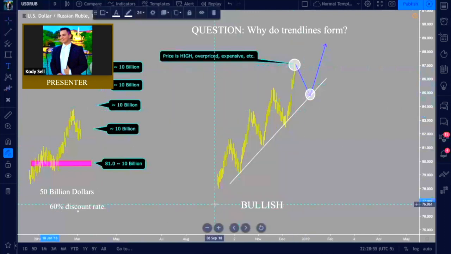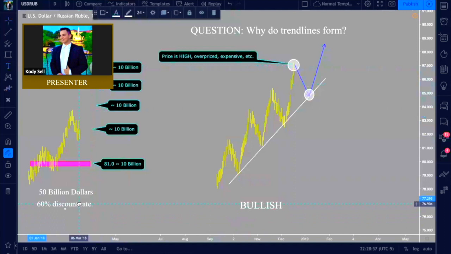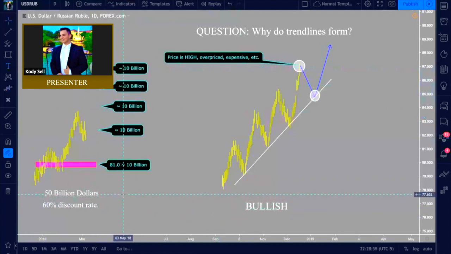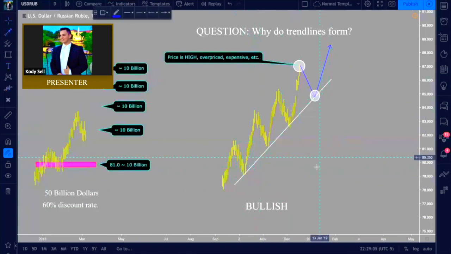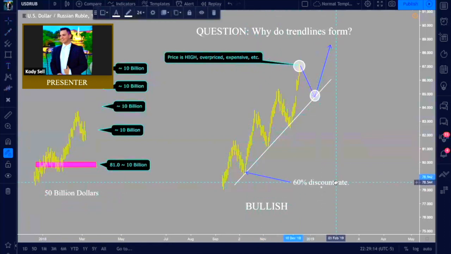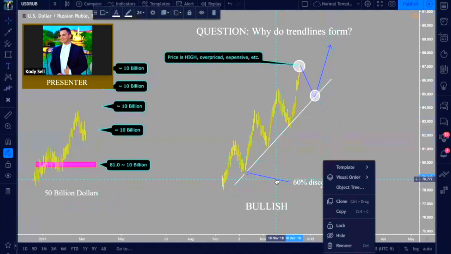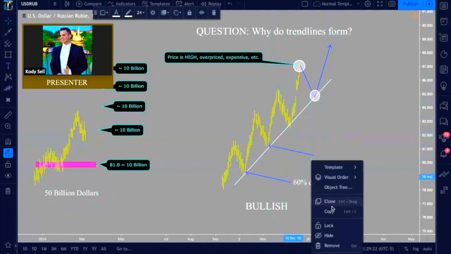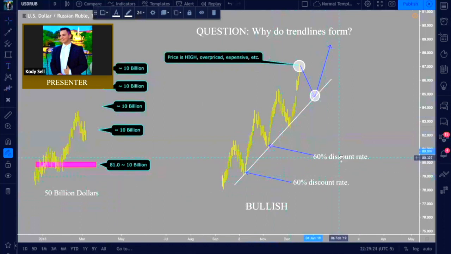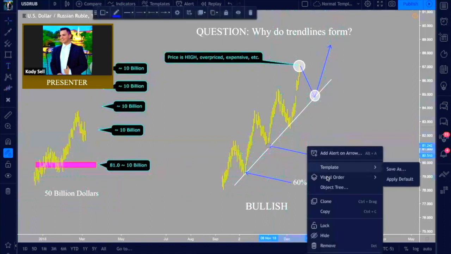And they're only going to fill their orders at the 60% discount rate. So I want you to imagine that over here on the right-hand side, when we looked at this bullish market, what you're actually seeing is 60% discount rate buy order. Okay? Right here. 60% discount rate buy order. Right here.